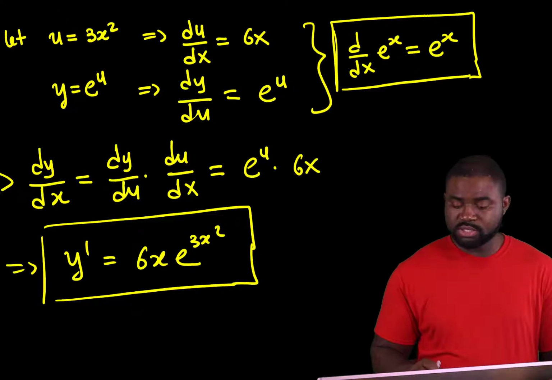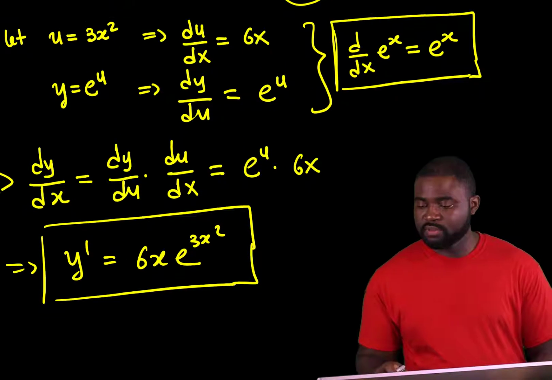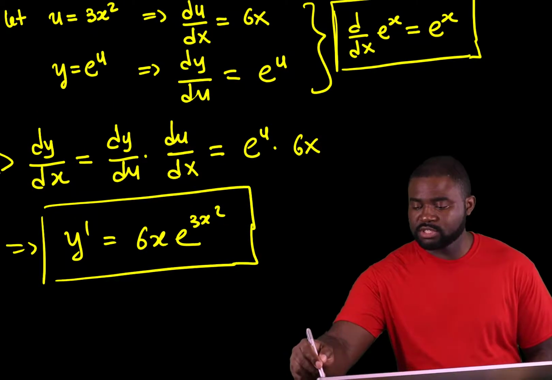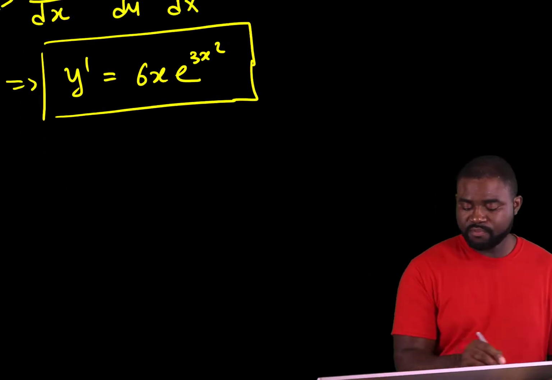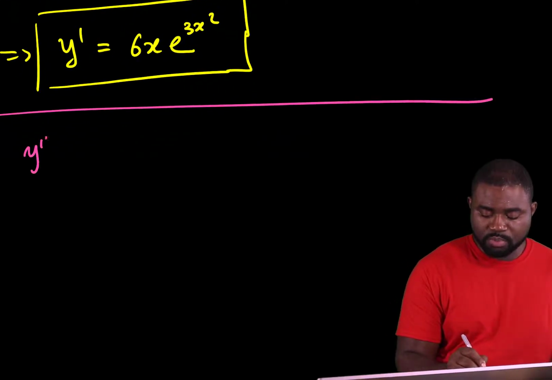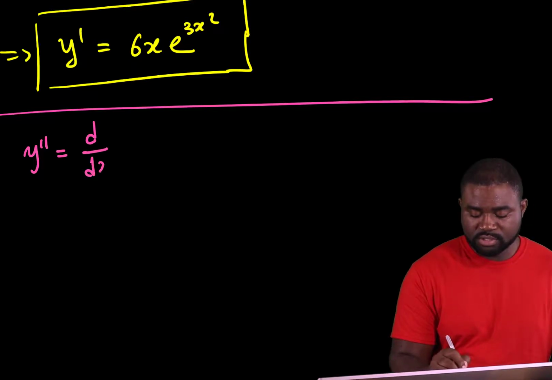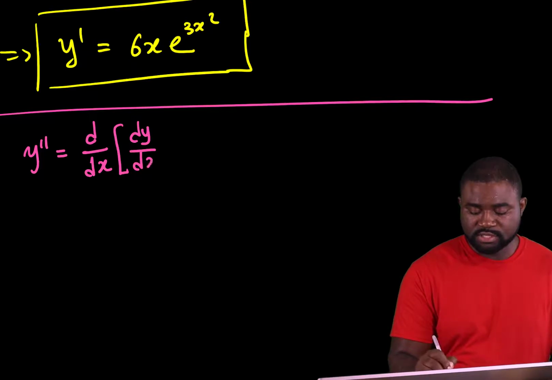Now the next question is for us to calculate y double prime. Now y double prime essentially is the second derivative. Now keep in mind that y double prime is just gonna be d dx of dy dx.